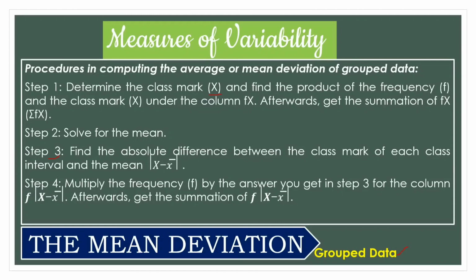For step 4, we multiply the frequency by the answer from step 3 for the column f times the absolute value of class mark minus mean, and then get the summation. Step 5, solve for the mean deviation using the formula.